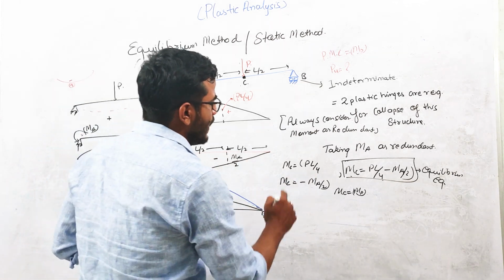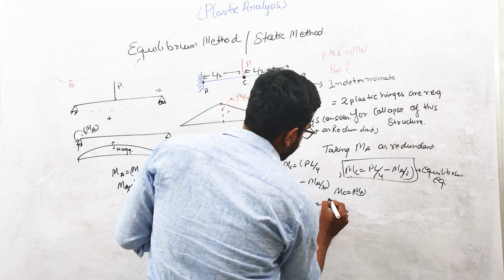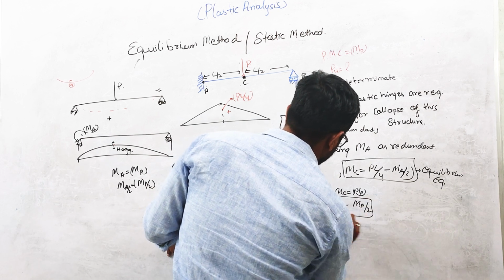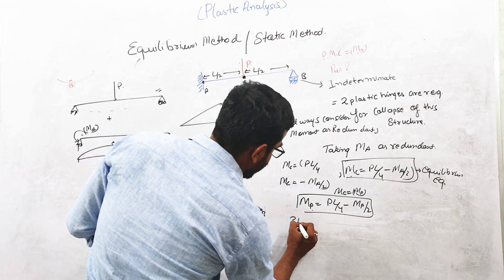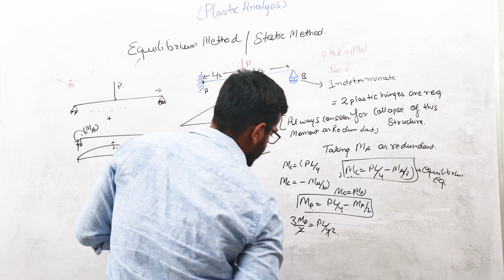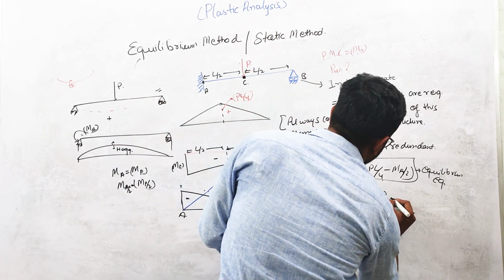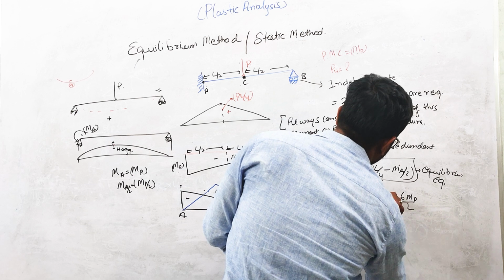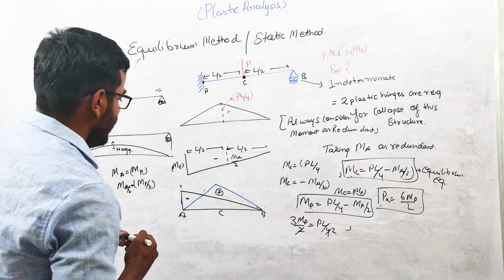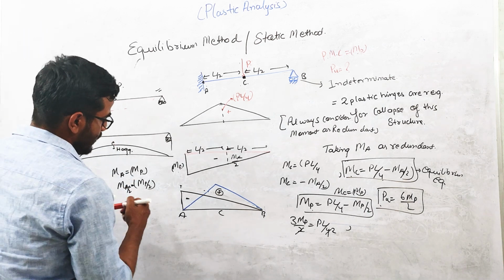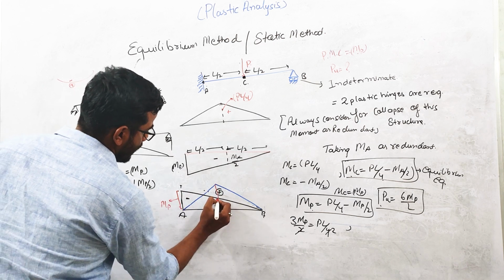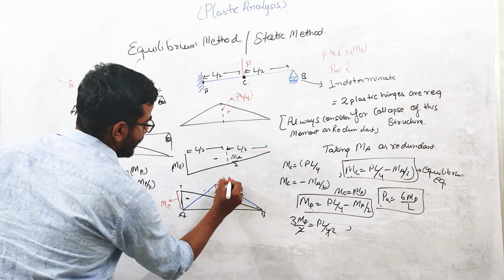So in this equation, if you put MC equal to MP, and this is PL by 4, this will be equal to MP by 2. So if you solve this equation, this will be 3MP by 2 equals PL by 4. So PU is equal to 6MP by L. So after the formation of plastic hinge, this is MP, and here also this portion is MP.